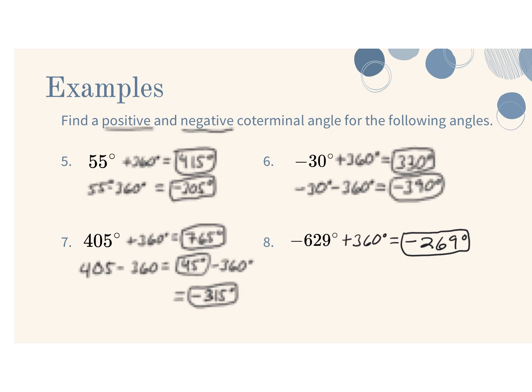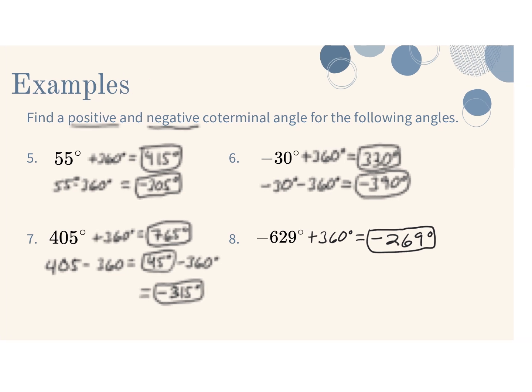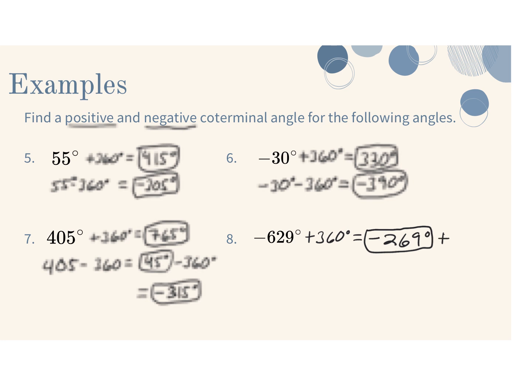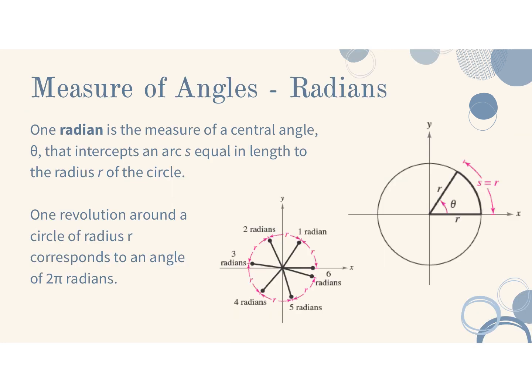So I'm not going to subtract again, I'm going to add 360 degrees to get a positive coterminal angle. If you do negative 269 plus 360, you're going to end up with 91 degrees, positive. And this gets us our positive coterminal angle. That's really it for those. It's just adding and subtracting. Hopefully it shouldn't be too difficult.